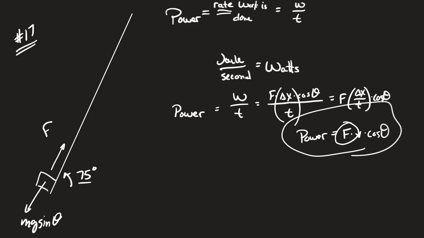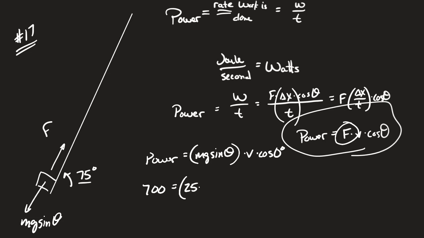So, power equals mg sine theta times v times the cosine of 0 degrees. They give the power 700.